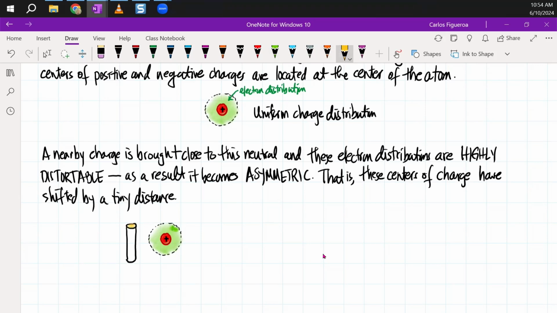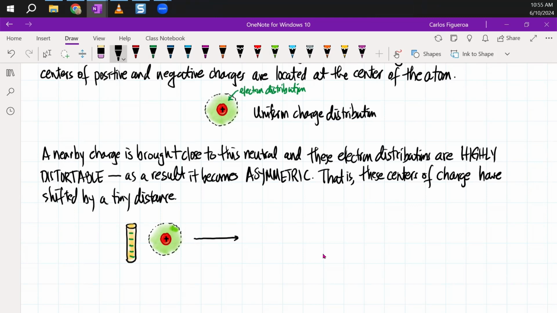Let's say that this is a yellow rod, and this rod now is negatively charged. What it does is distort the atom.